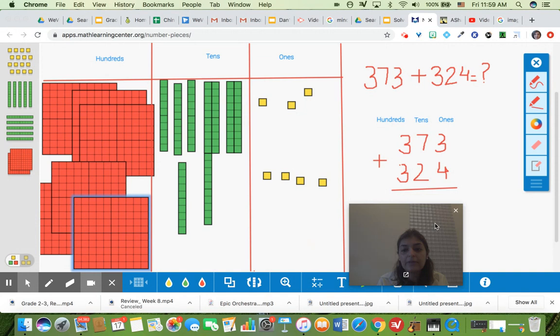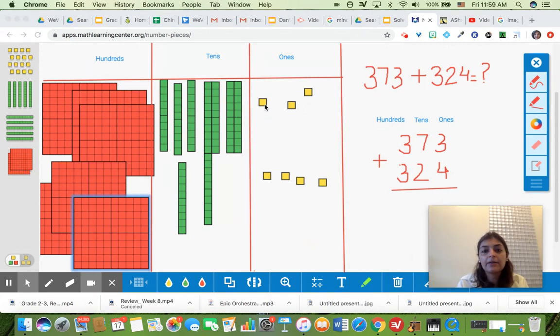So here we go. Let's count the ones first. Let's count how many ones there are. 1, 2, 3, 4, 5, 6, 7. So we know it does not need any regrouping because the number of ones is less than 10.